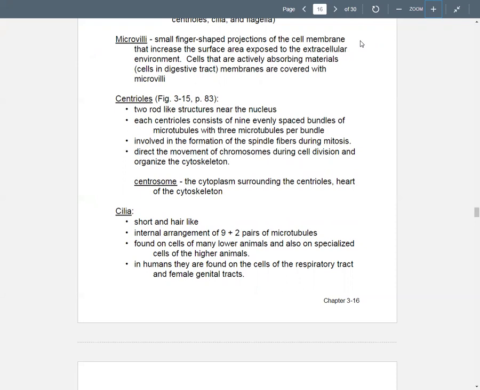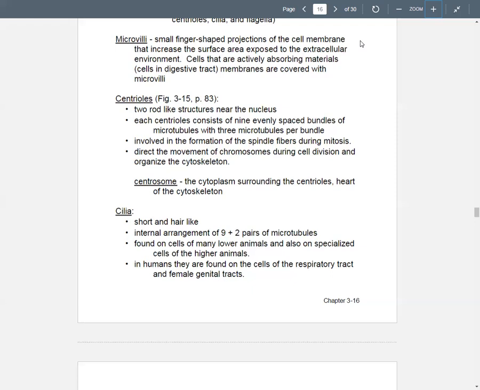The cells that are actively absorbing materials, like your cells in your digestive tract, need to be able to absorb your food. So those membranes are covered with microvilli. So those are the microvilli.